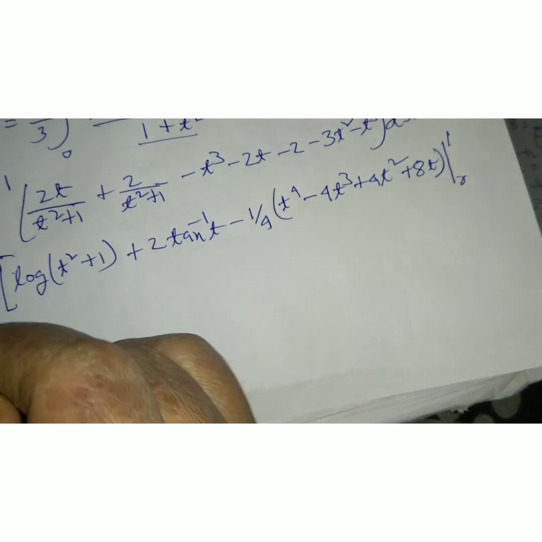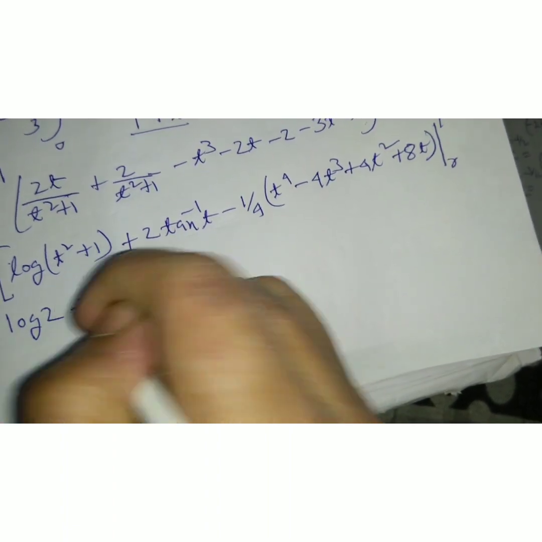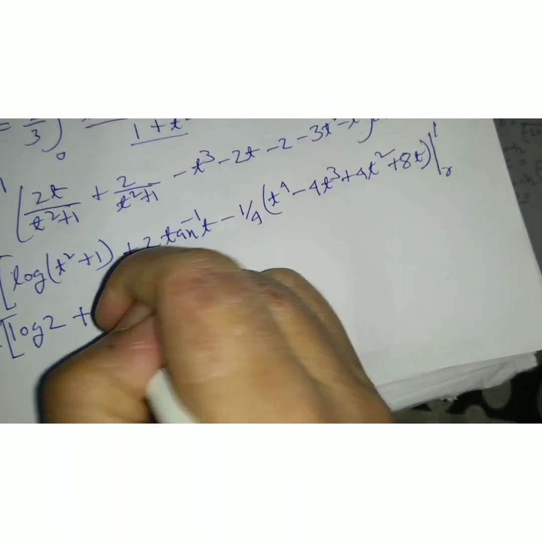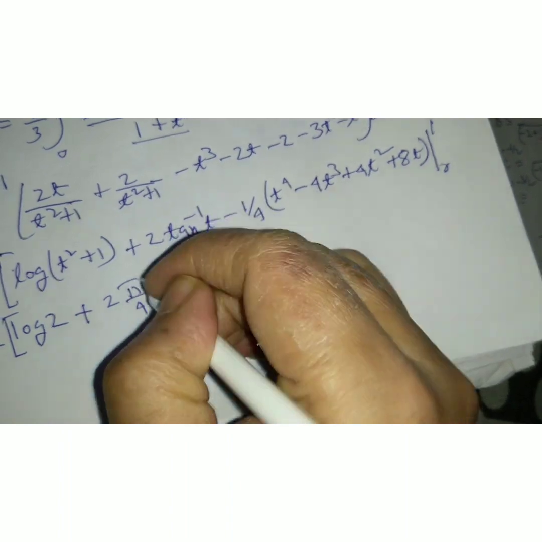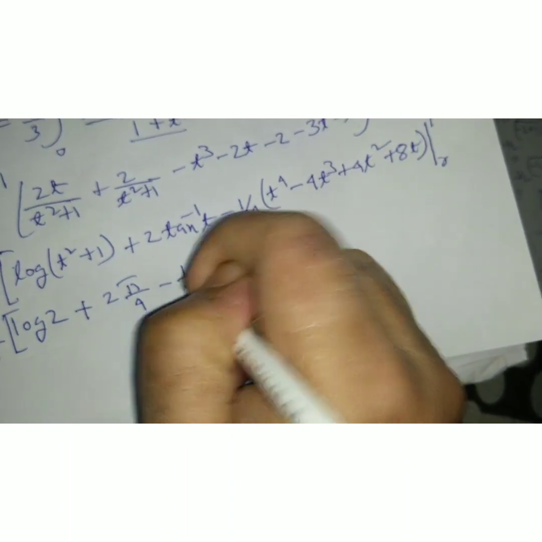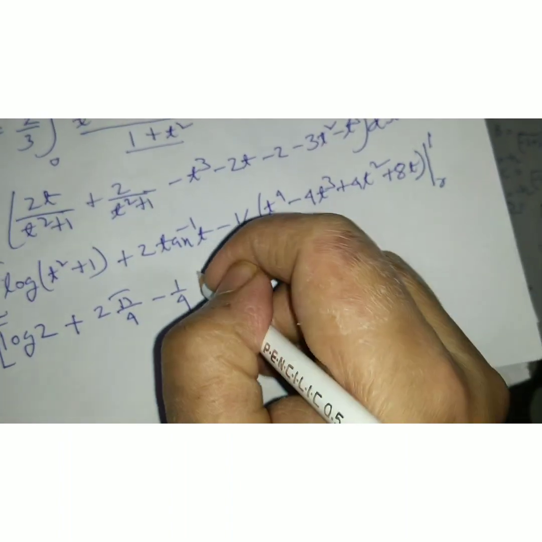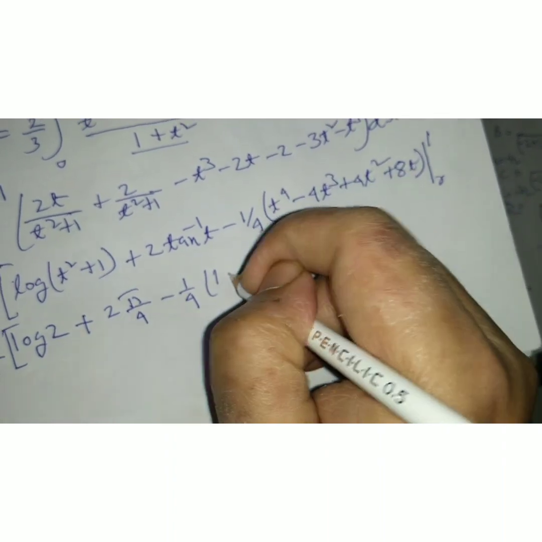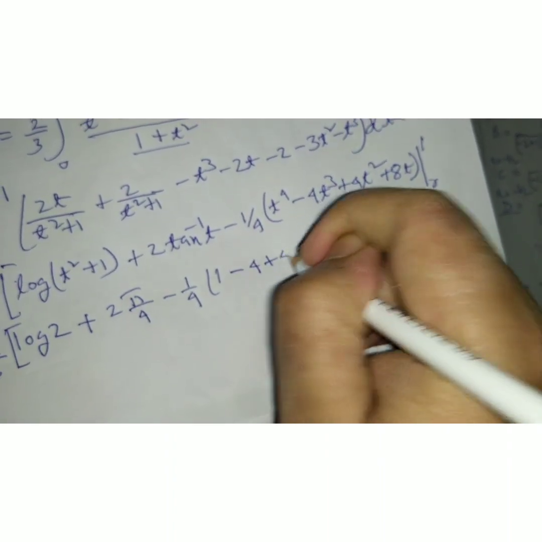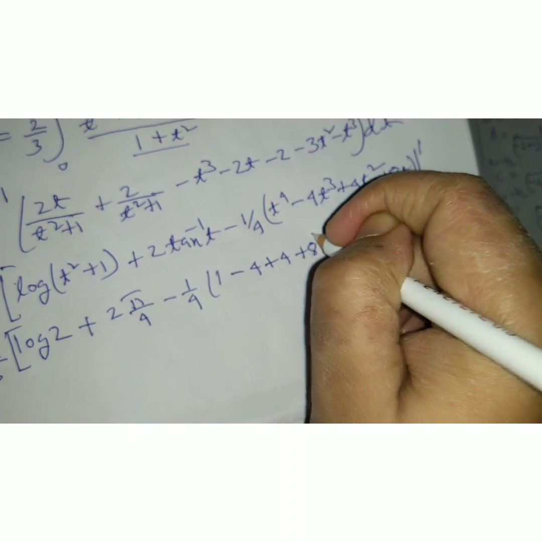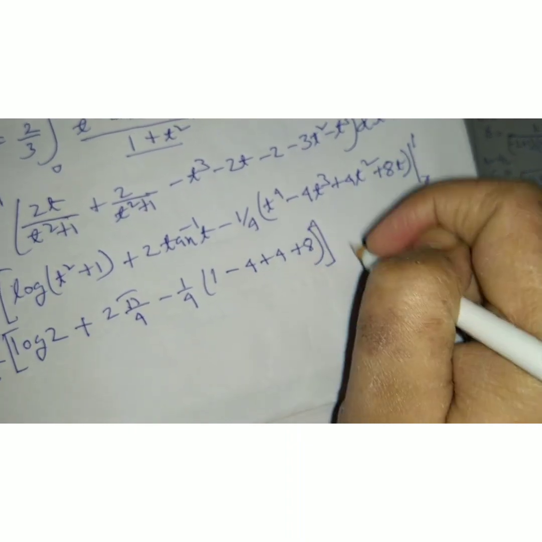Now I can write 2 by 3 log 2 plus 2 into pi by 4 minus 1 by 4 t to the power 4. If I put the value 1 minus 4 plus 4 plus 8, I get this value when I put the upper limit minus the lower limit.